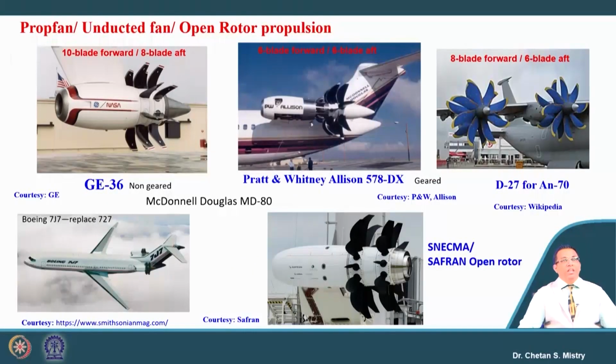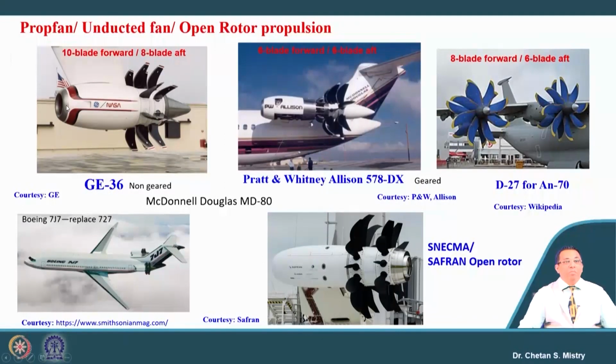Here, if you recall, this is the NASA GE36 engine, where we have 2 propeller fans rotating in opposite directions, placed on the rear side of the engine. And here, if we look carefully, this is our core engine.